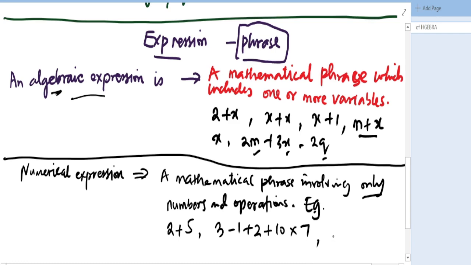And 6 times 3 is also a numerical expression. Having said this, in our next video, we shall be looking at how to model different kinds of expressions, especially the algebraic expressions.